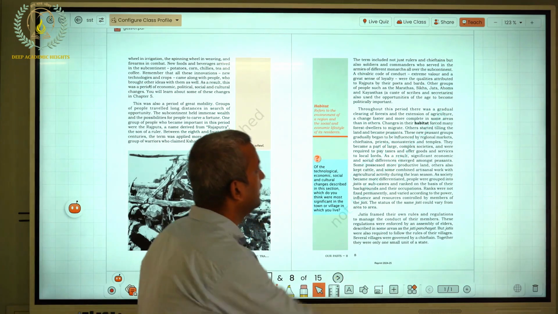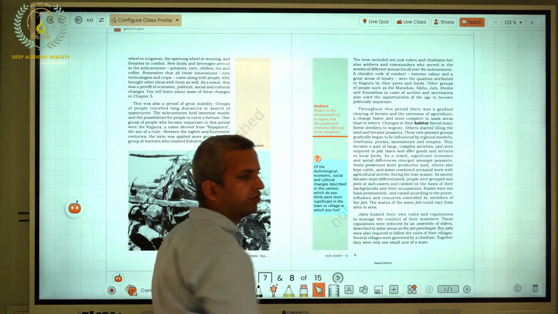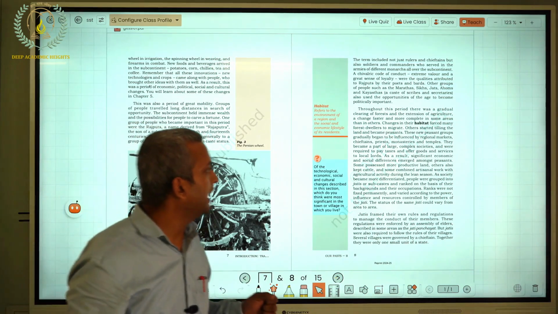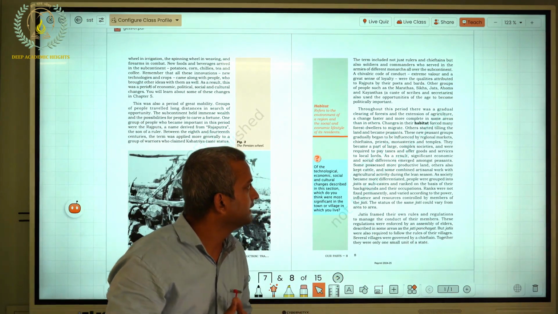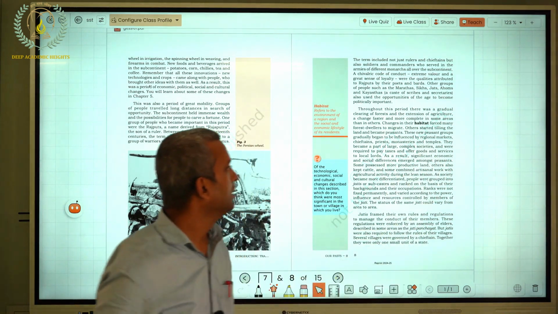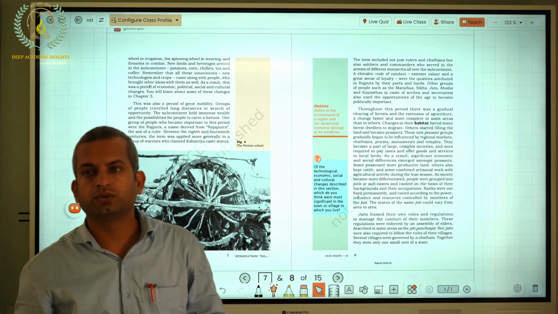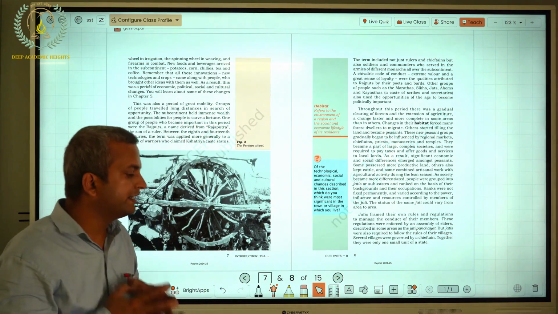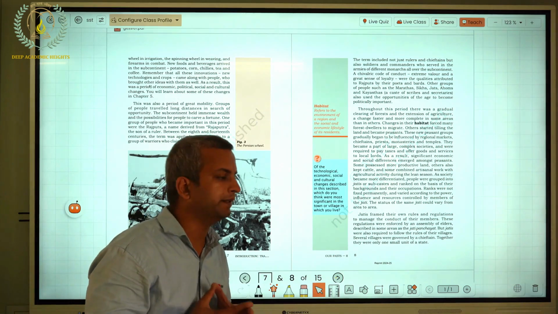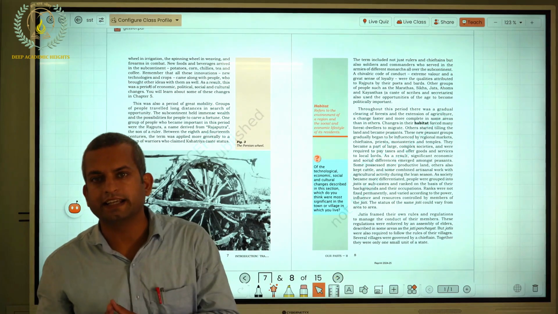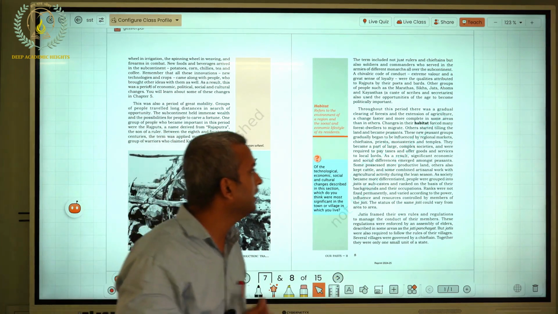Next, we will see the changes in habitat that also happened in the same medieval period. Earlier, society was not so complex. The chieftains, priests, monasteries, and temples grew, but it also led to the payment of taxes. The tax is levied by the king and is to be paid by the people.